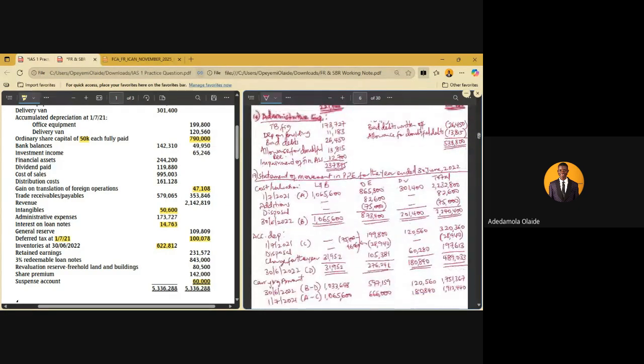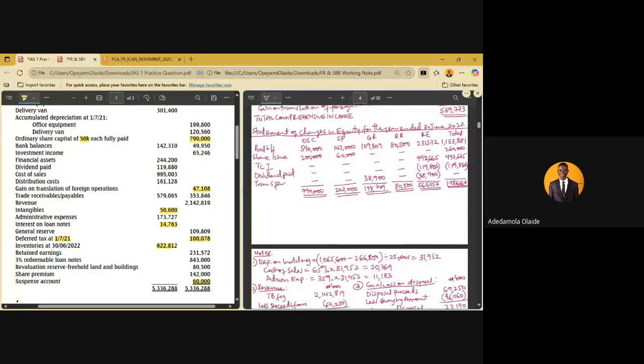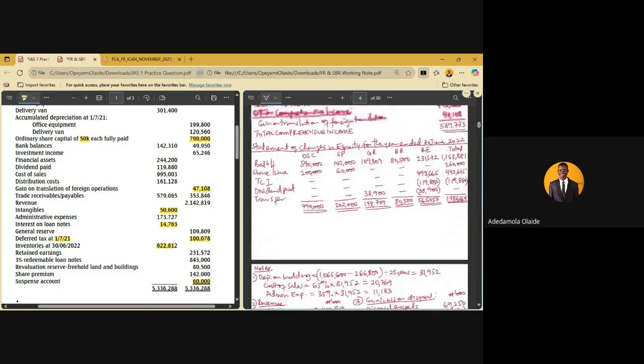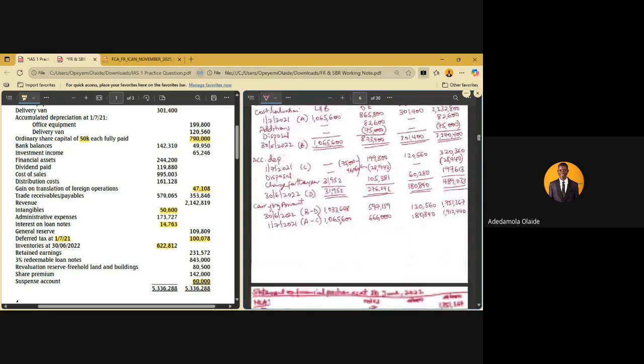Ordinary share capital 790,000. Share premium, since we already have our statement of changes in equity, we'll just be picking the figures from there. Share premium 202,000. General reserve 148,709.